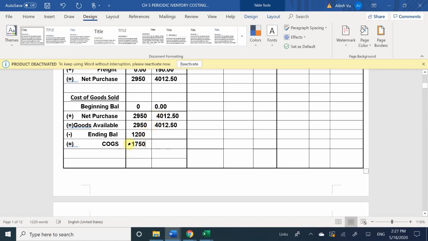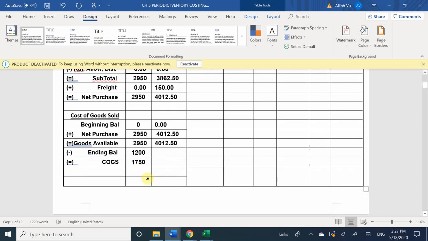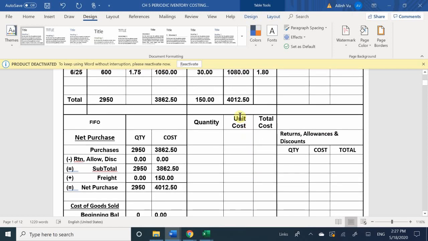So because we know how much we sold, this is where we're going to use the first in, first out rule. We're going to utilize this middle section right here to solve for our total of 1750. This is us selling the stuff.